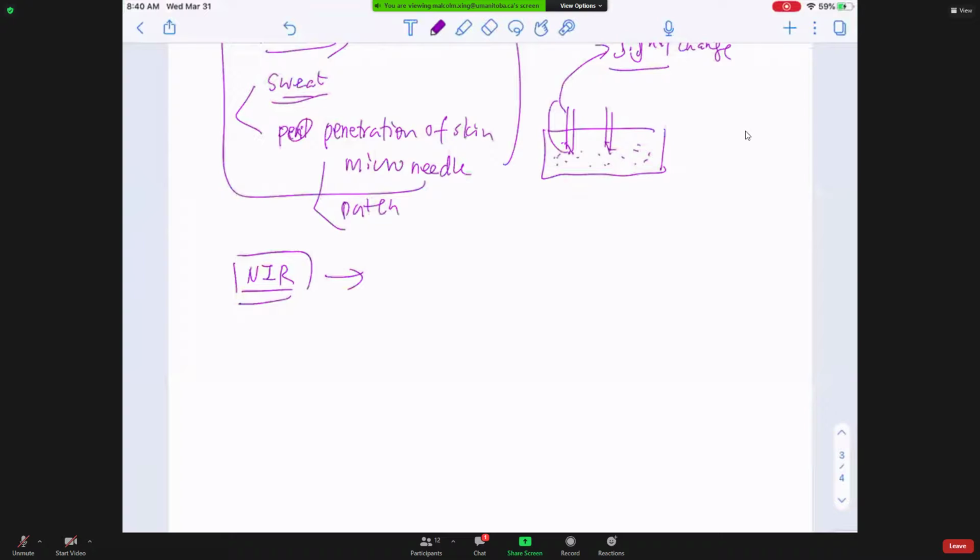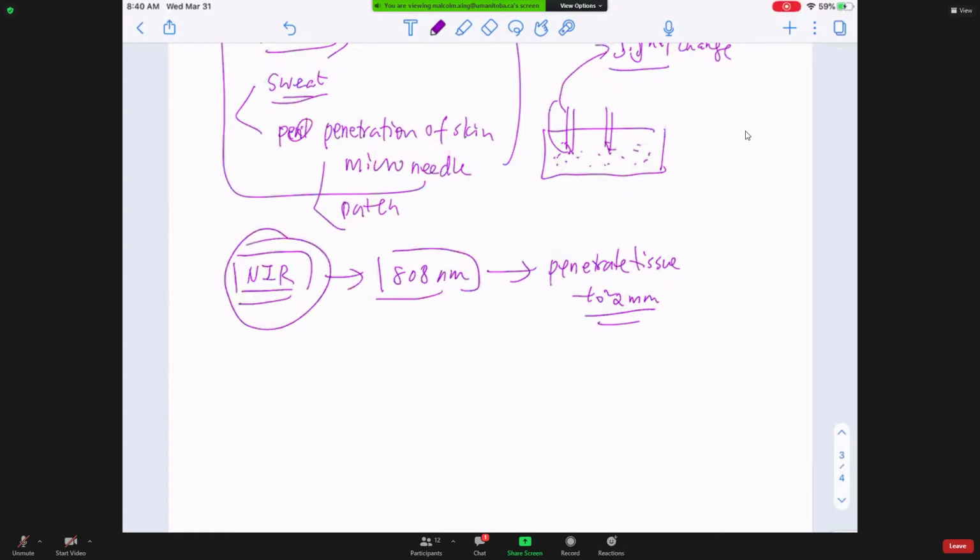So the NIR laser is based on the 808 nanometer wavelength, or like we generally use this one because this one can penetrate tissue to around 2 millimeters, and based on the concentration changes, this laser will be absorbed with different efficiency. So in this way, we can use it as a biosensor detector.